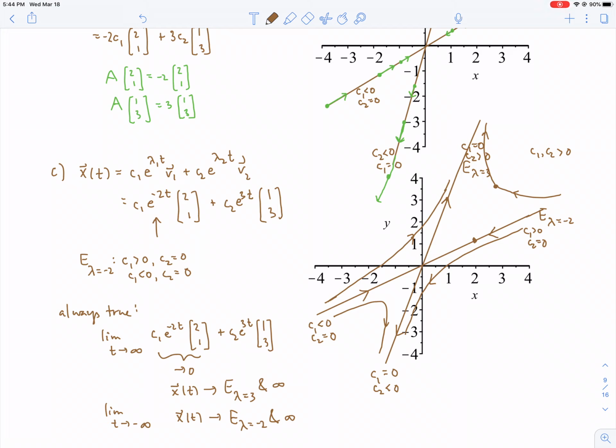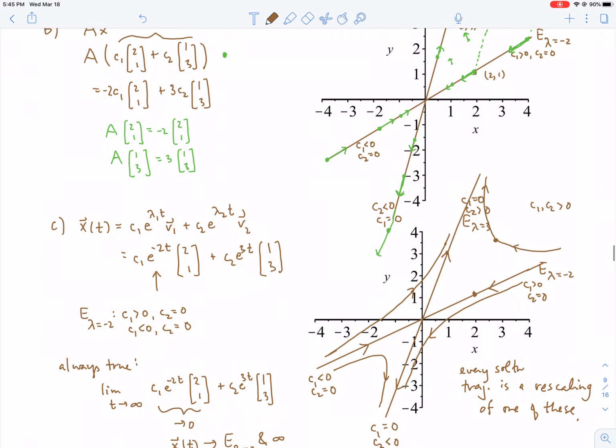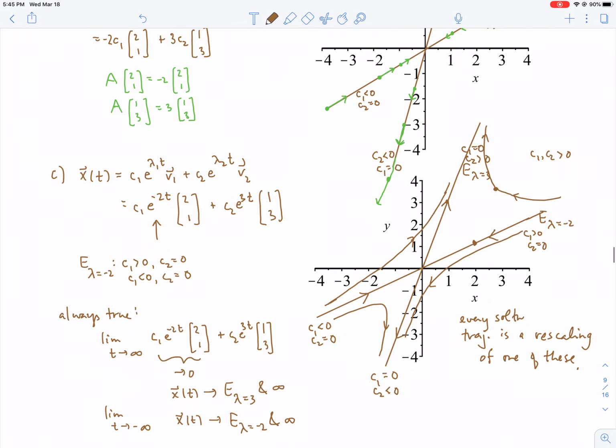So every solution trajectory is just a rescaling of one of these. And I could draw some more in if I wanted to, or I can just use that abbreviated picture to illustrate what's happening.